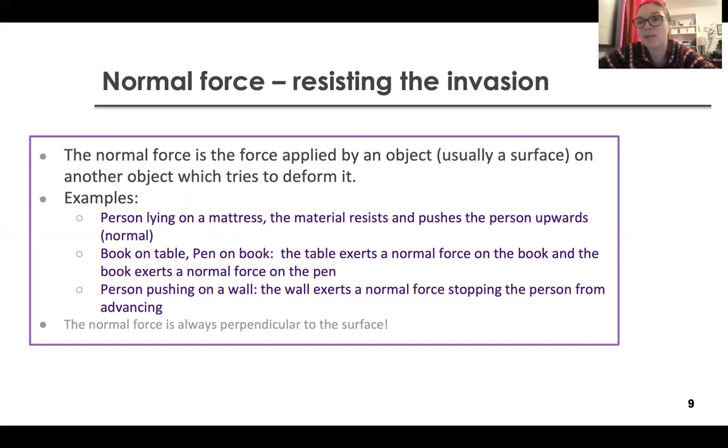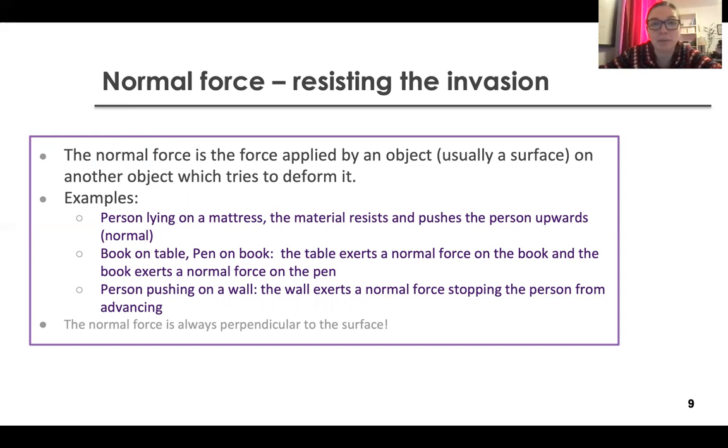So if I hit the table, right, the table is not moving. I'm not putting my hand through the table. Obviously, when I put my hand on the table, it will push up on me with some force, okay, to keep my hand from going through it. This is called the normal force, okay? So it keeps you from just moving through objects. You can think of it like that.